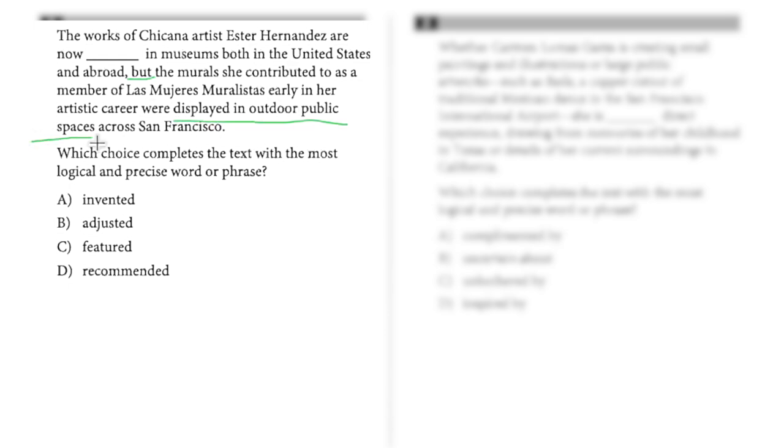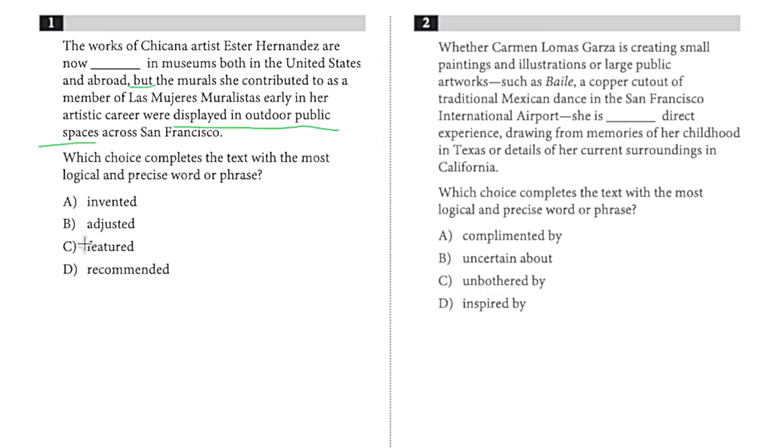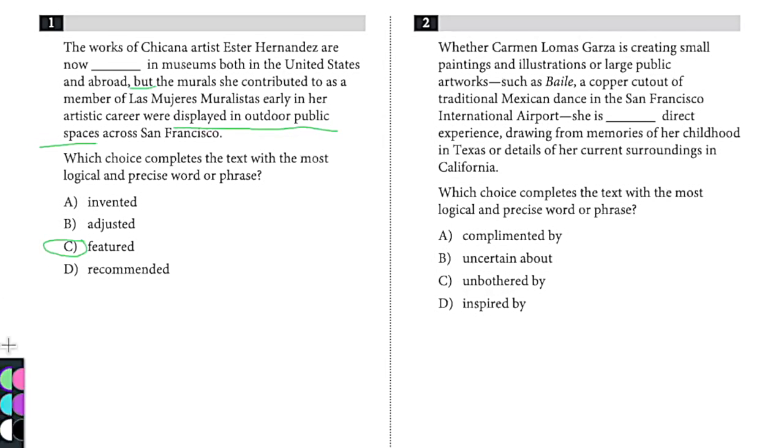So we want it to contrast with outdoor public spaces across San Francisco. Oh, okay. So outdoor would contrast with just being featured in those museums. Normally I would eliminate, but I literally see the word featured. That's my answer.